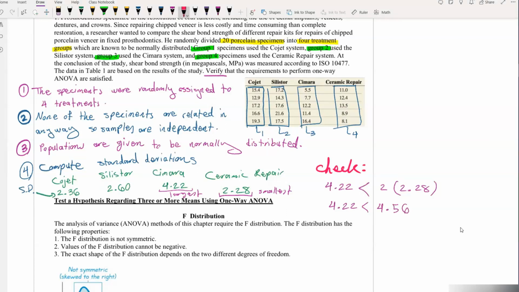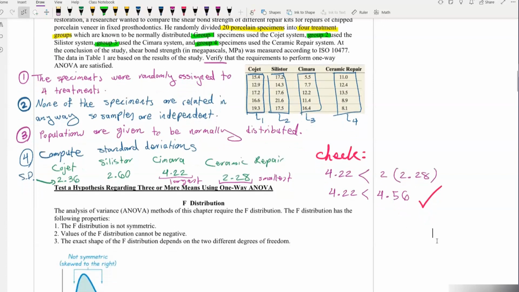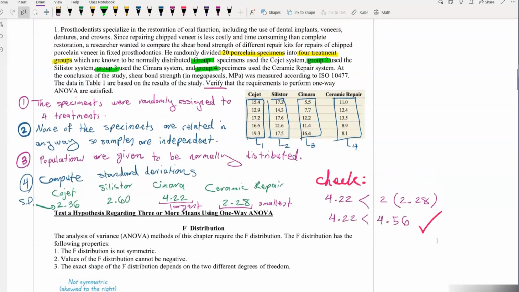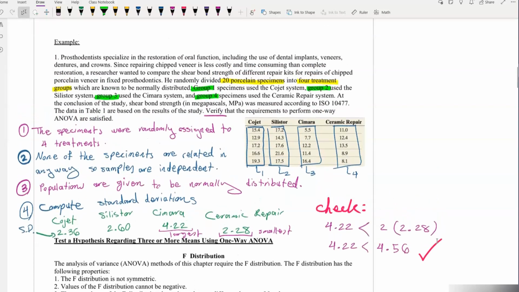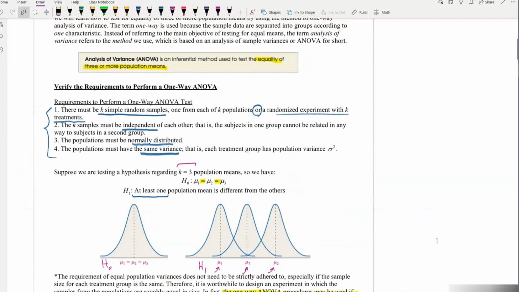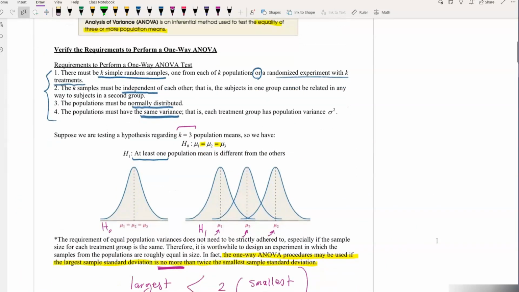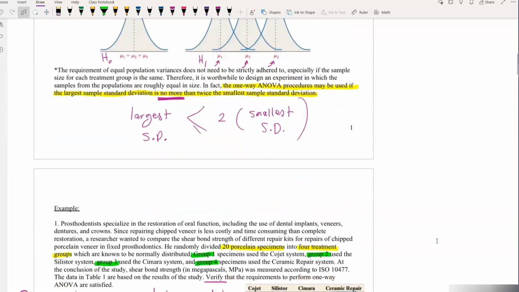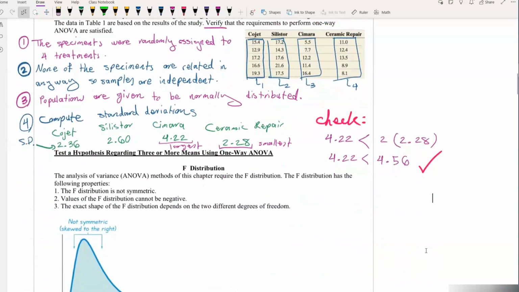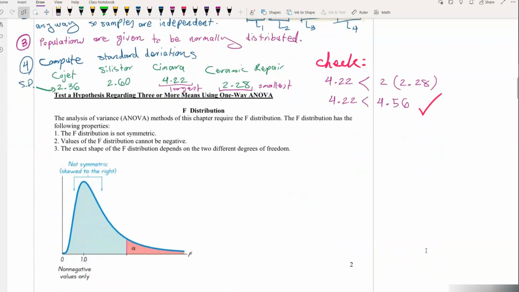As you can see, this largest standard deviation is not more than 2 times the smallest standard deviation. So that is correct, and we do have the number 4 requirement. Okay, so those were our requirements.